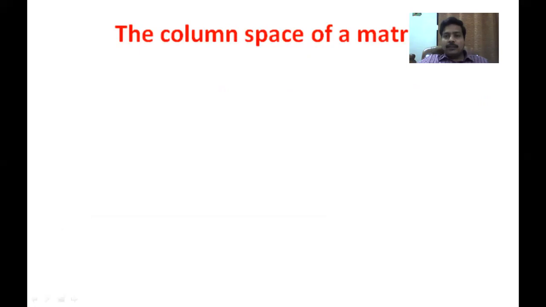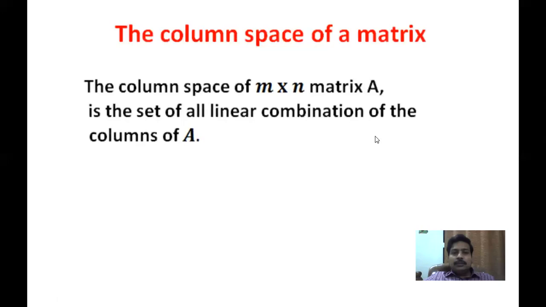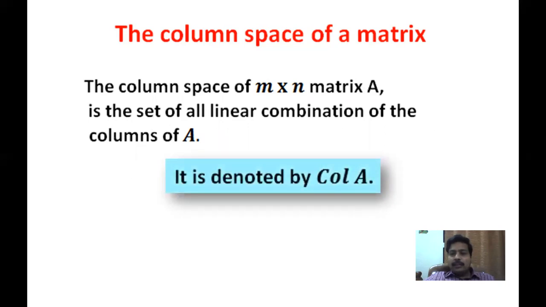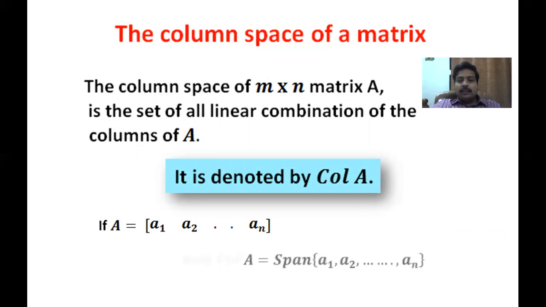And finally, the column space of a matrix. The column space of an m by n matrix A is the set of all linear combinations of the columns of A. It is denoted by column space A. This is the symbol for that. And if A is equal to the matrix [a1, a2, and so on an], where a1, a2, an are the columns of the matrix, then column space A is equal to span of a1, a2, and so on an.